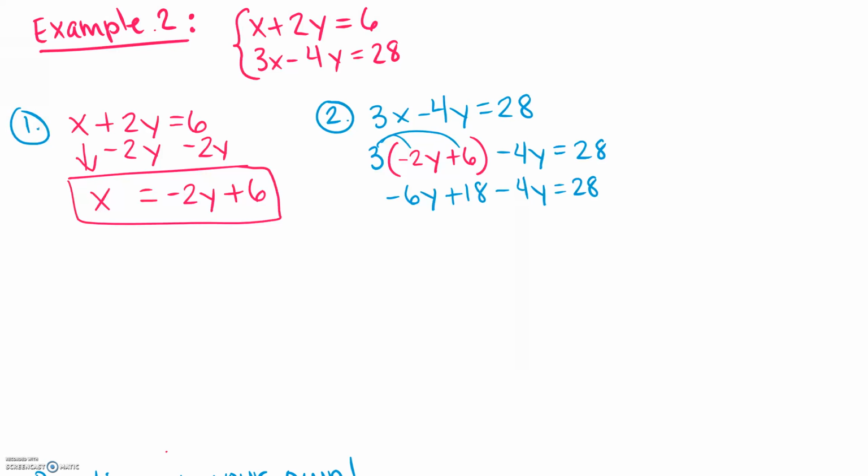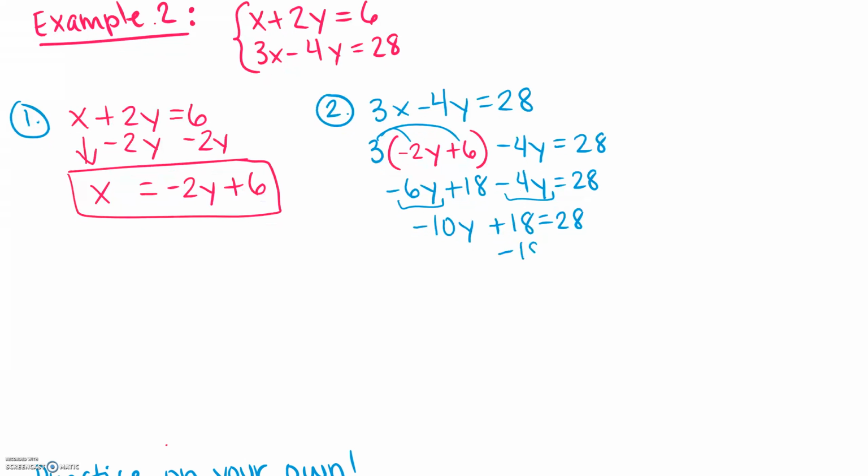From here, we're just going to combine our like terms. We have the like terms of negative 6y and negative 4y, which give us negative 10y plus 18 equals 28. Next, we can move our constant to the other side by subtracting 18 from both sides.